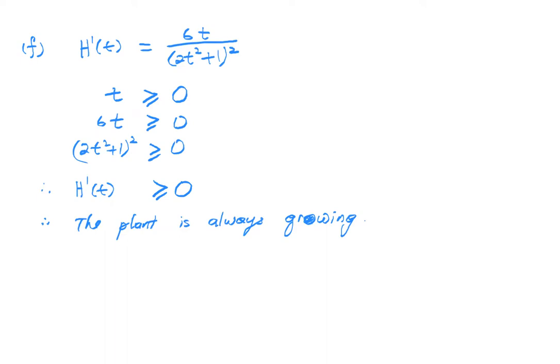Okay, now let's go to part G. Using your graphic calculator, estimate the value of t when h double prime t equal to 0. So to get this, what graph must we plot? Can we plot h prime graph?